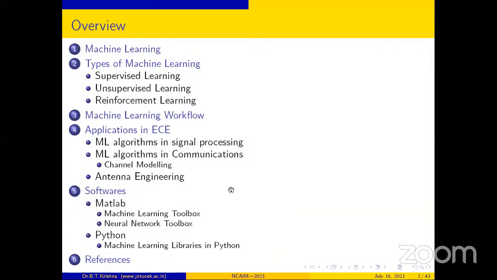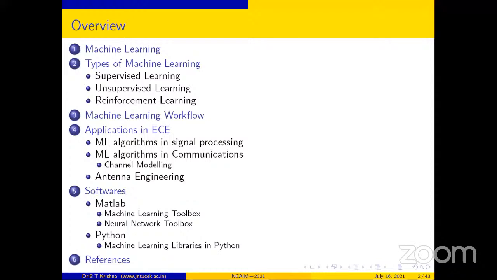So this is the overview of the presentation. Basics of machine learning and the various types of machine learning will be discussed. Then the various applications in electronics and communication engineering, such as signal processing, wireless communications, antenna engineering, and VLSI, are also going to be discussed.